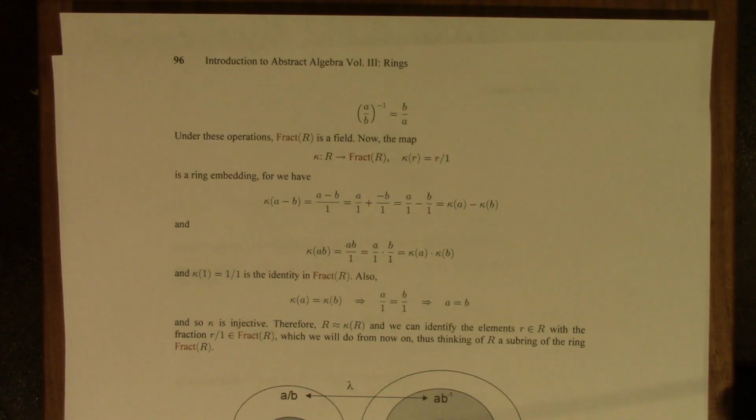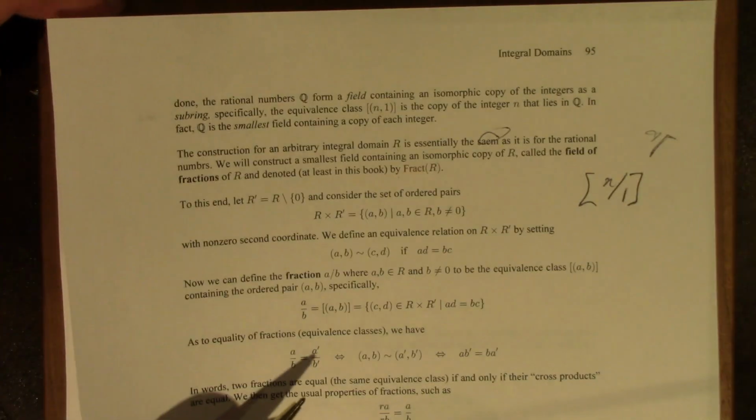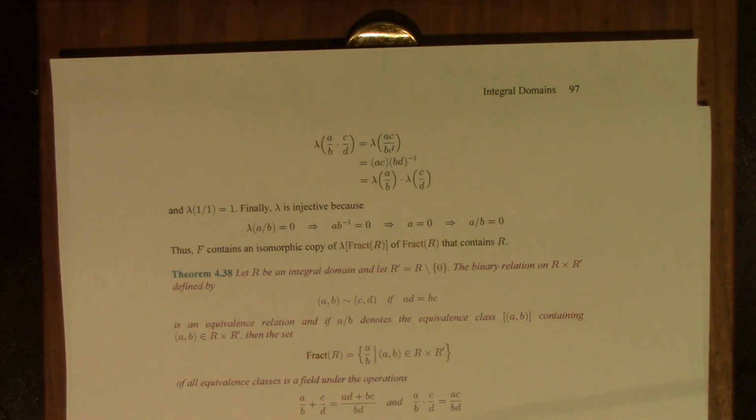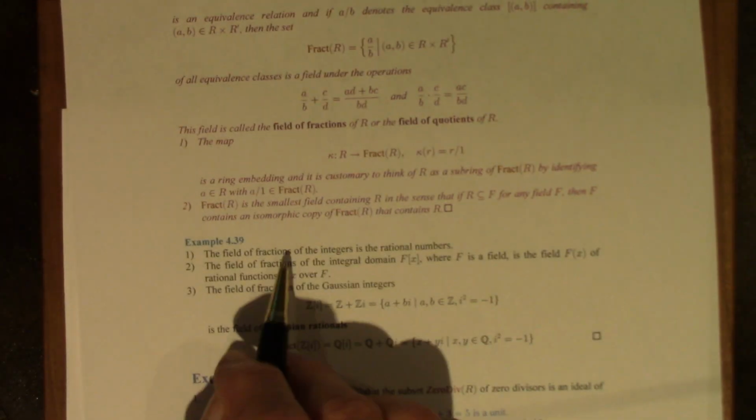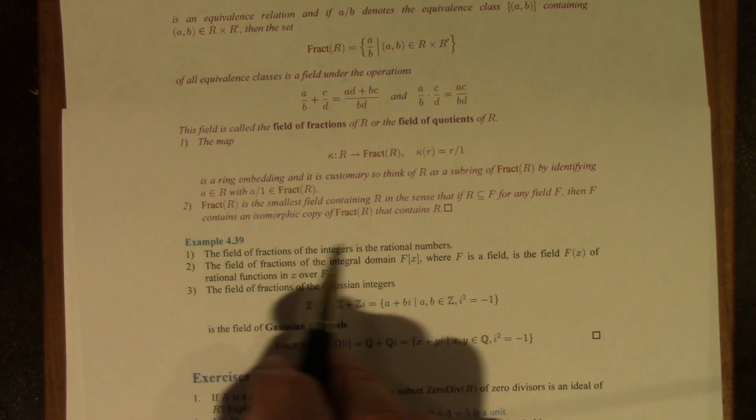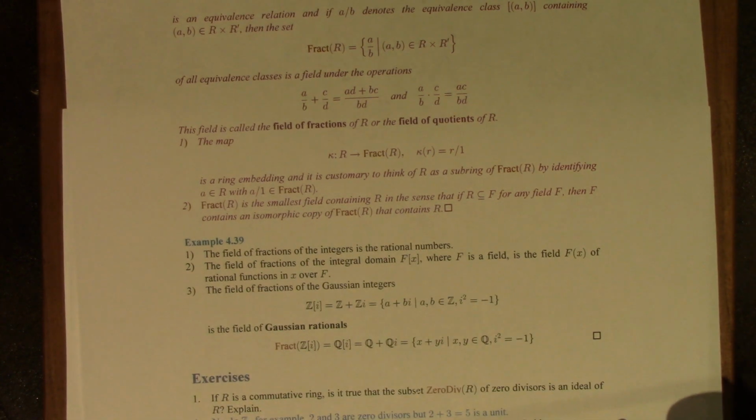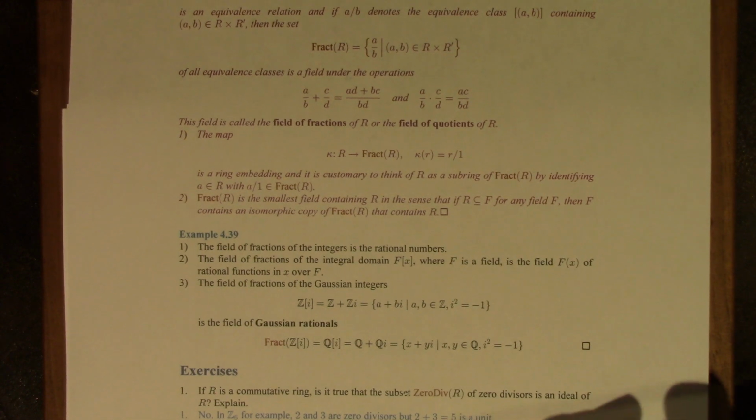So the construction of the field of fractions of an integral domain is very important. I'll give you a couple of quick examples. We just saw the field of fractions of the integers is the rational numbers. That alone is important enough to make this construction worthwhile.